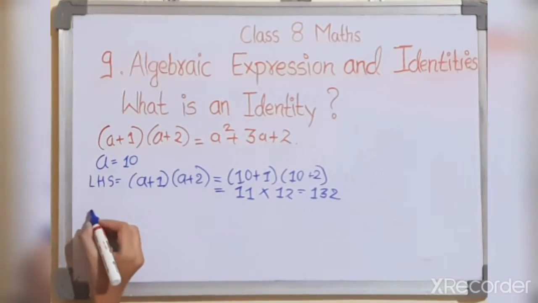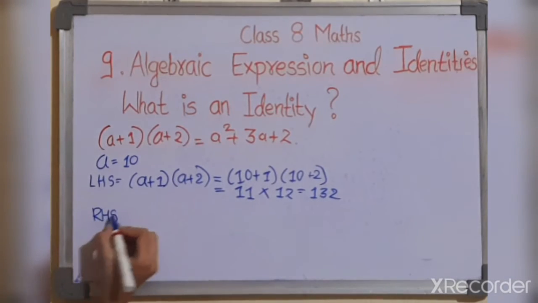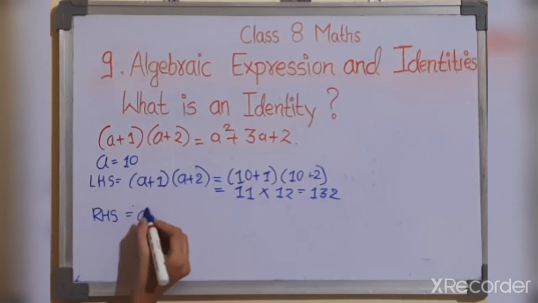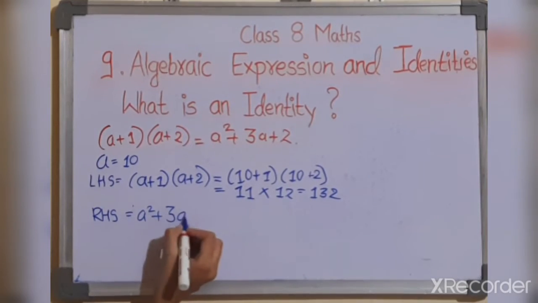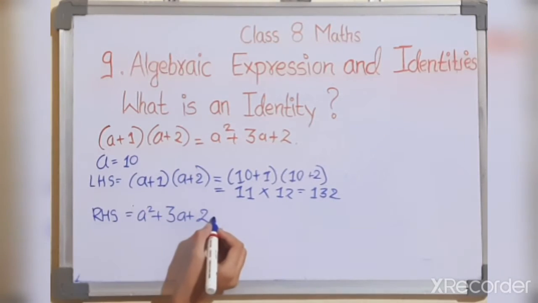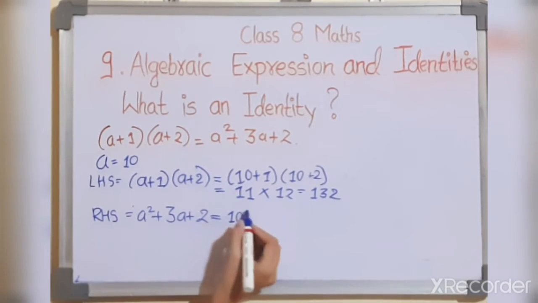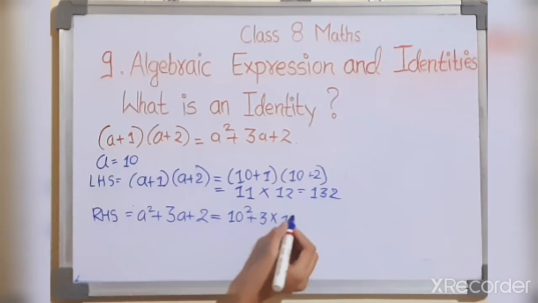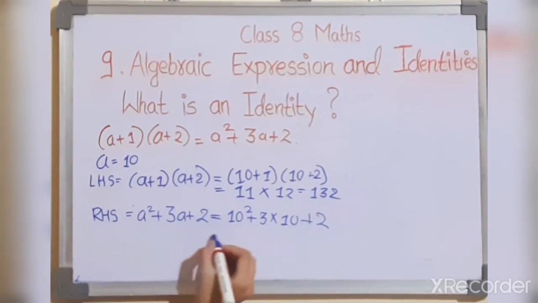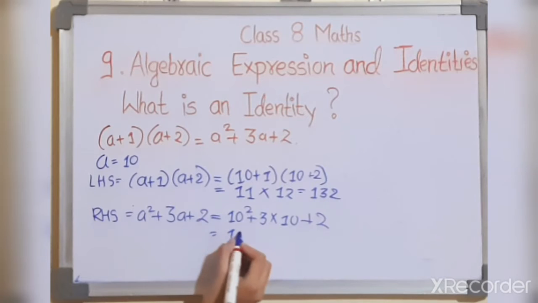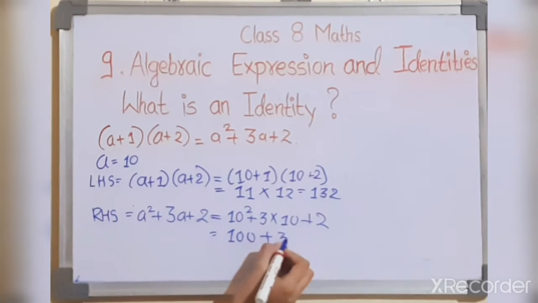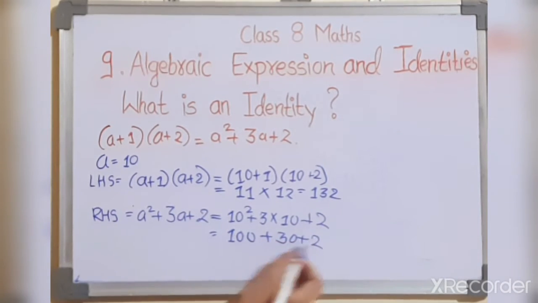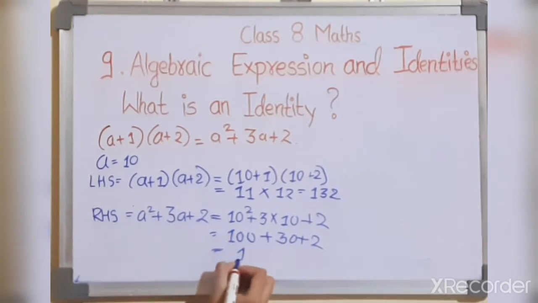Now let's take the right hand side. The right hand side is a² + 3a + 2. As the value of a is 10, this is going to be 10² + 3 × 10 + 2. 10² is 100, plus 3 tens are 30, plus 2, which is equal to 132.